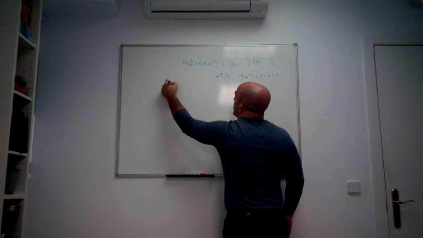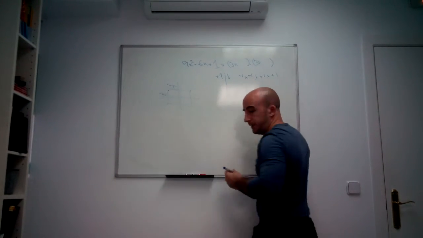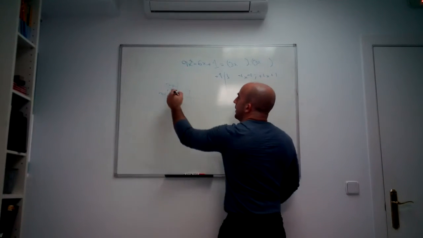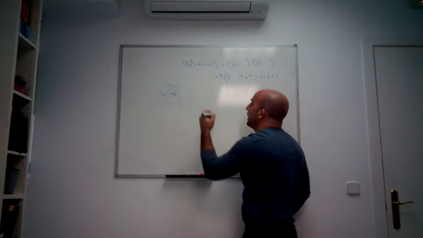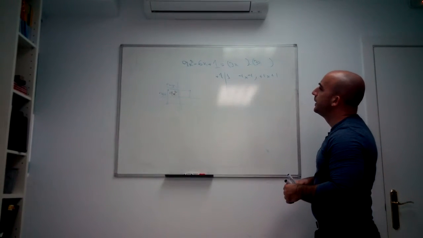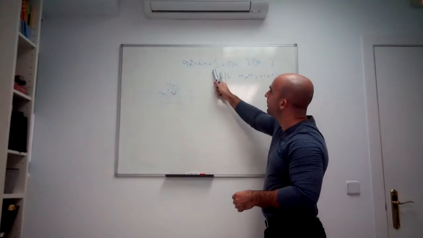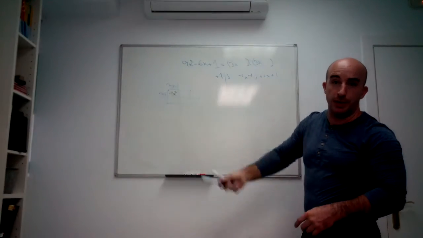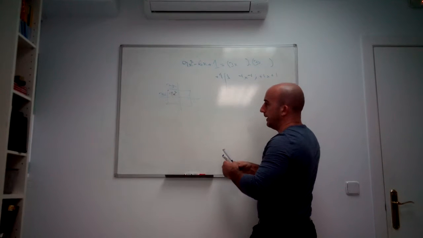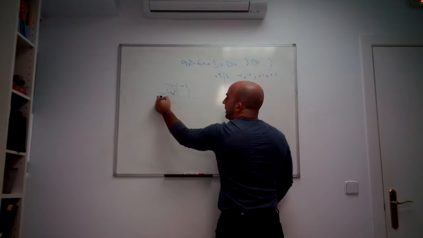That's the 3x we said, and that's the 3x. That gives us 9x squared. So now we have to see something that is 1. We can try with +1, +1, -1, -1. Okay? Well, the correct answer is -1. Why?